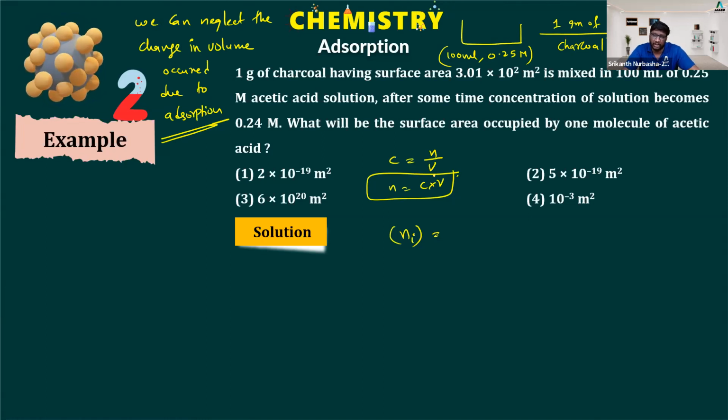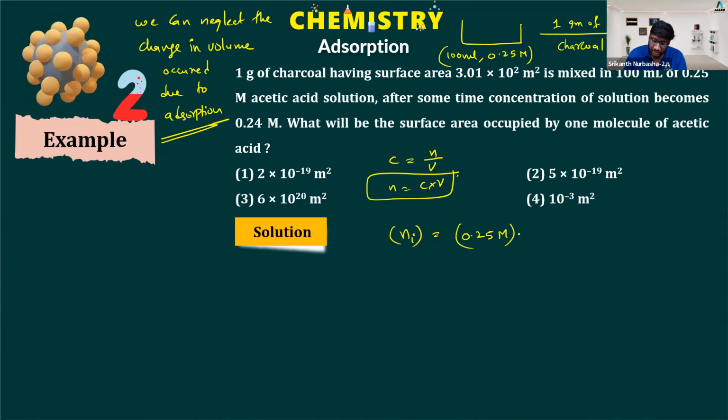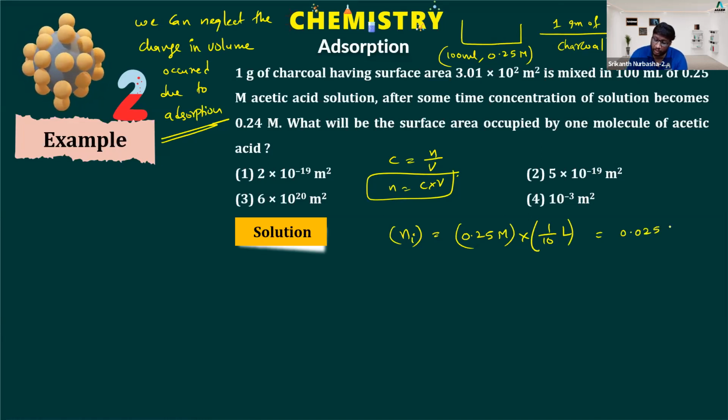If you take ml, you will get millimoles and again have to convert. So number of moles initially is 0.25 molar into 1 by 10 liter, because 100 ml is 1 by 10 liter. That is 0.025 mole.